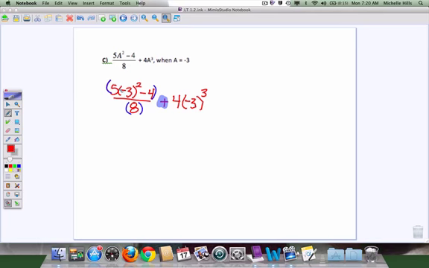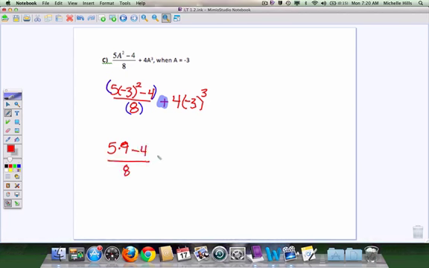So I have multiplication, I have an exponent, and I have subtraction. Of those three, the exponent goes first. So 5 times negative 3 squared is 5 times a positive 9, and then minus my 4, all over 8, plus 4 times negative 3 to the third power.